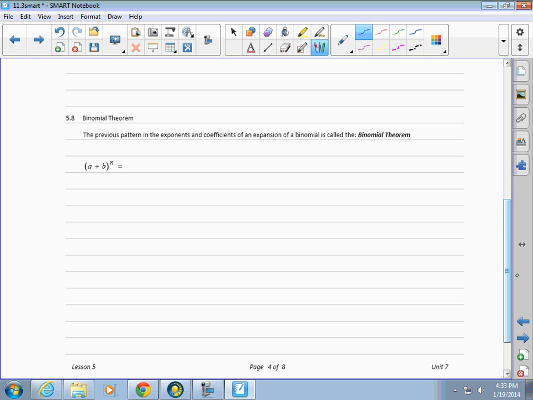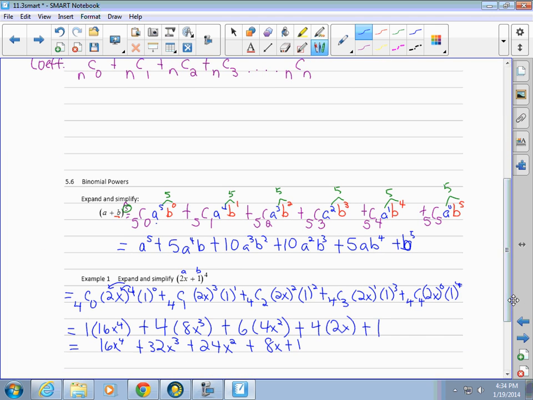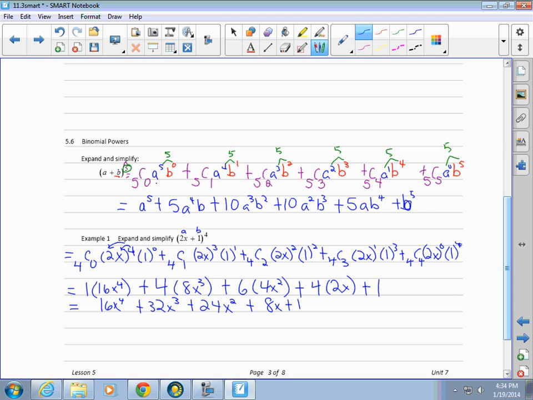Okay, so let's see what we've figured out here. The pattern in the exponents and coefficients of an expansion of binomials is called the binomial theorem. So we discovered a few things, and I'll just flip back to this one where I have all of the colors. We discovered a few things as we were expanding these. Our exponents always equaled whatever the n was.